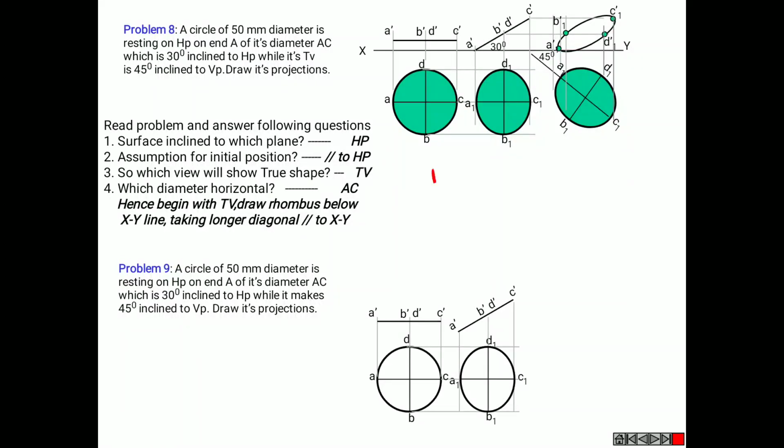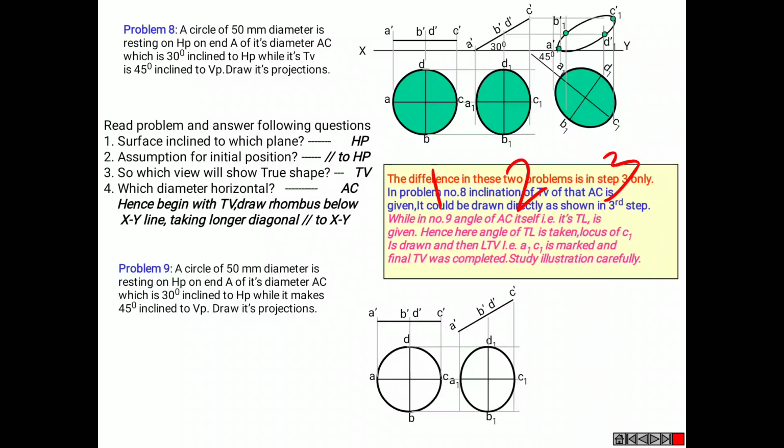So here the first stage and second stage, and this is your third stage. Both are the same, but the difference in these two problems is in step 3 only.